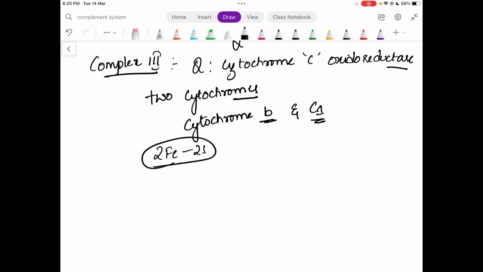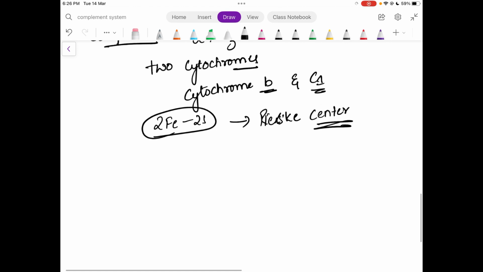And this complex 3 has 2Fe 2S iron sulfur cluster centers. This is called the Rieske center. What is the speciality of this Rieske center?